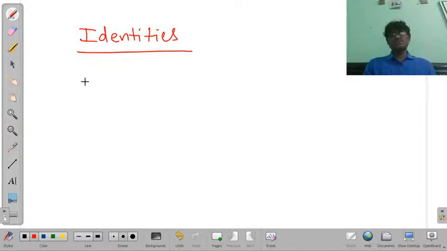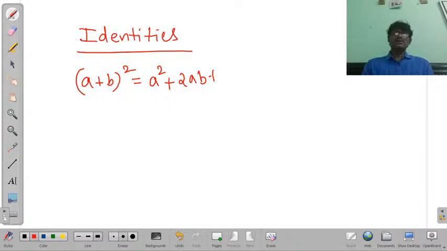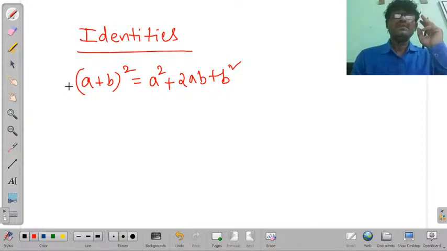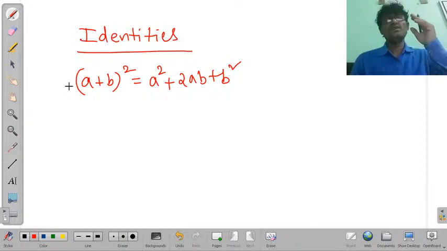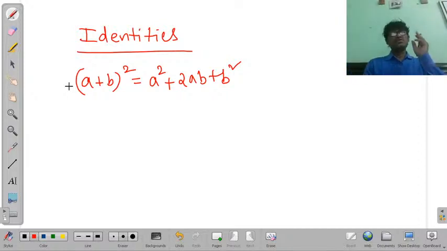You know, a plus b whole square equal to a square plus 2ab plus b square. This is one identity. Okay. So you came across this identity in your 8th class, right? You studied regarding identities in your 8th class. Now, this is one identity, you know this.